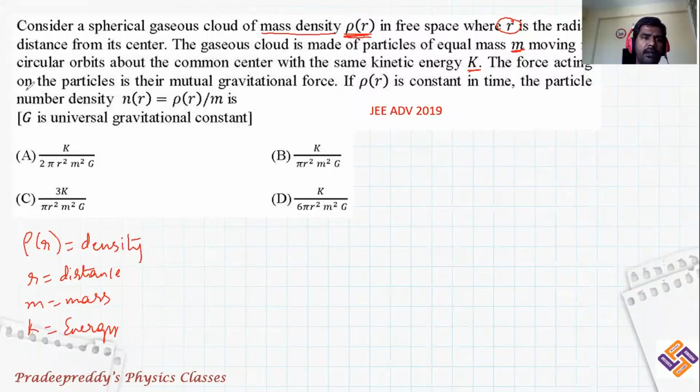The force acting on the particle is their mutual gravitational force. If rho of R is constant in time, the particle number density n of R is equal to rho of R divided by m. So n of R is the number density.